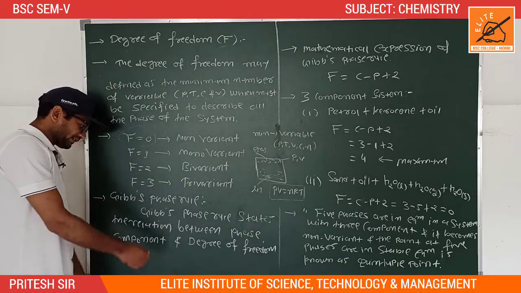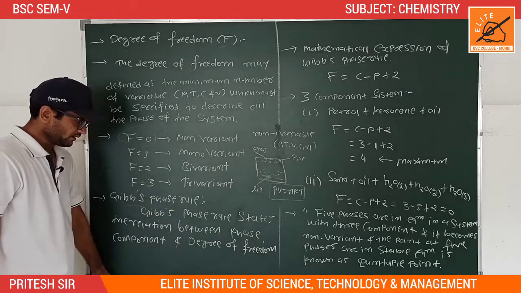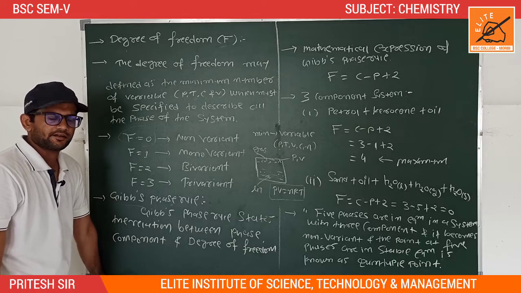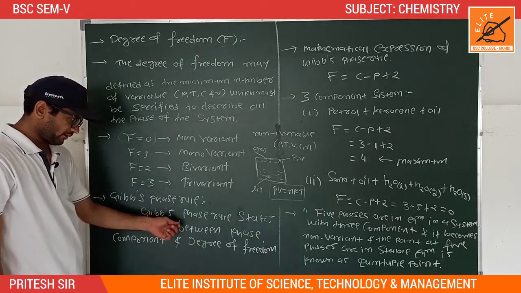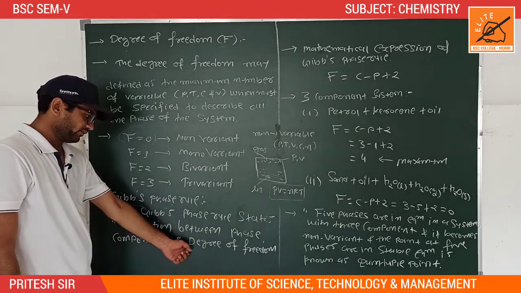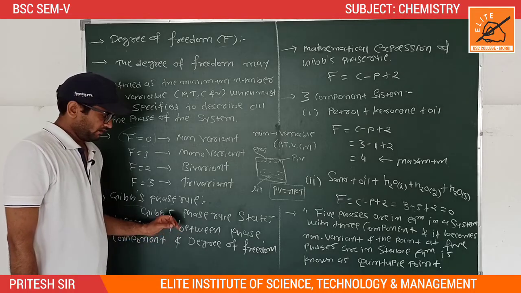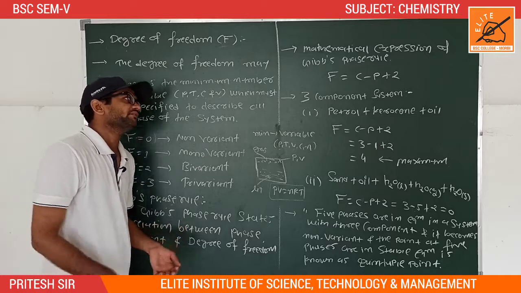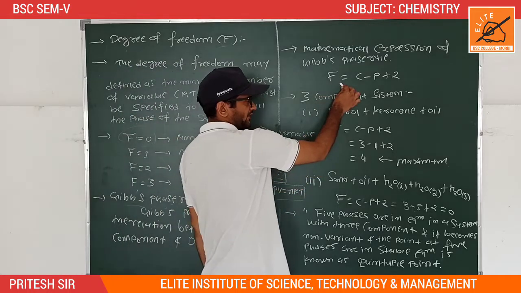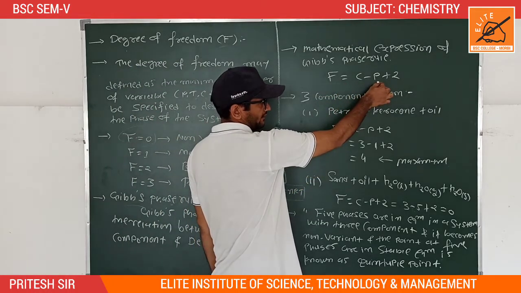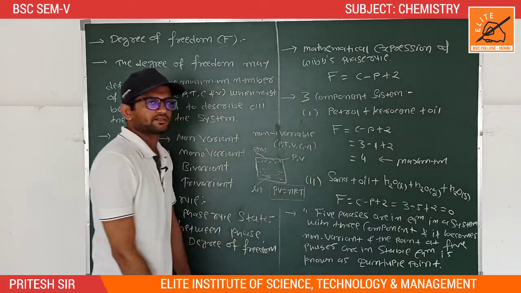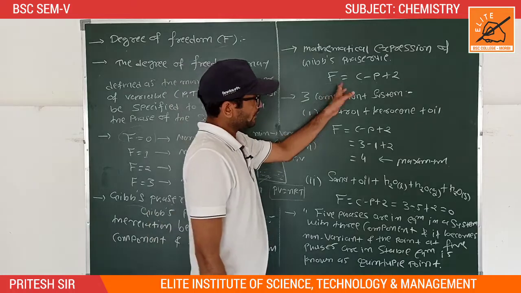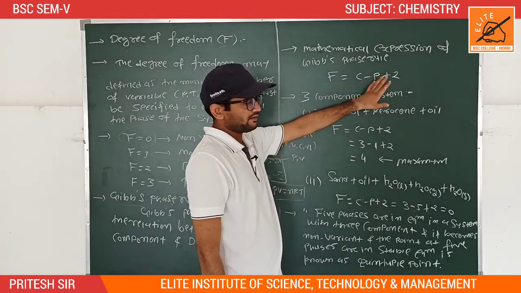And the second one is the Gibbs phase rule. The Gibbs phase rule states the relationship between components, phases and degree of freedom. Gibbs gave a mathematical expression for the relationship between degree of freedom, components and phases, and it is known as the Gibbs phase rule.